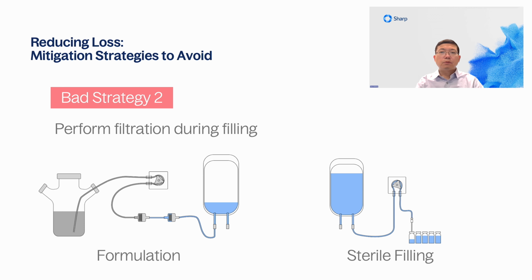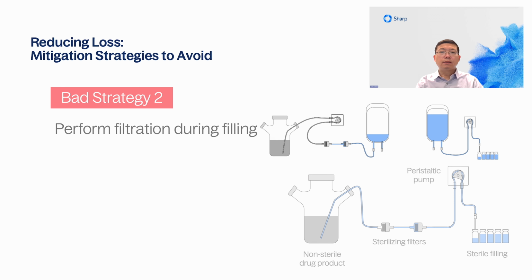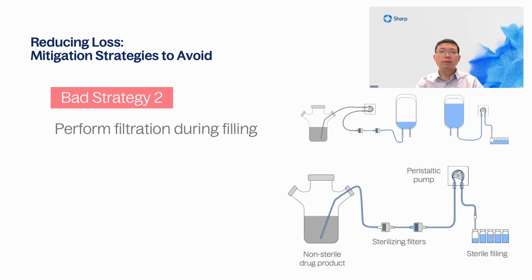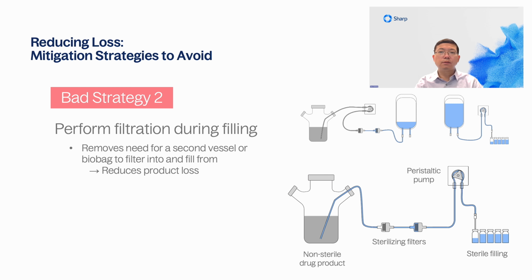This means filtration and filling activities are taking place at the same time, and it removes the need for a second vessel or biobag to filter into and fill from.